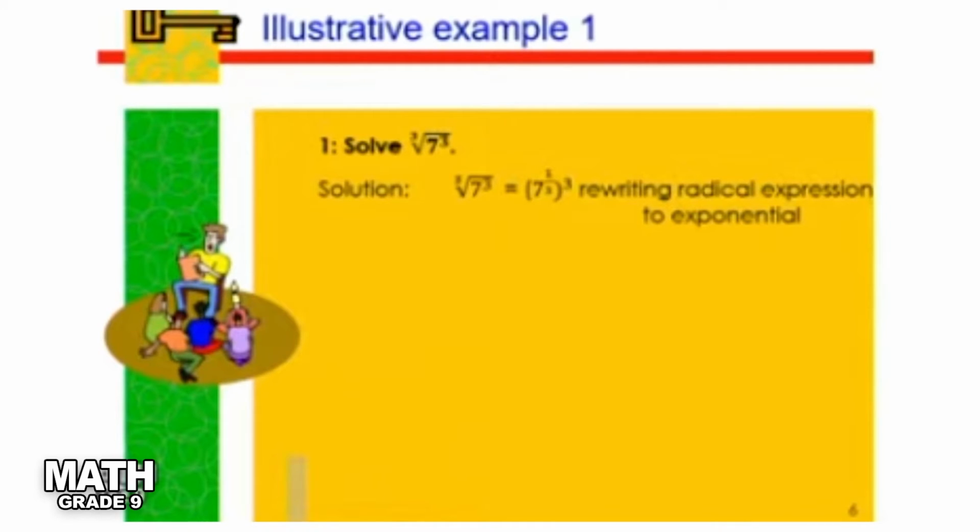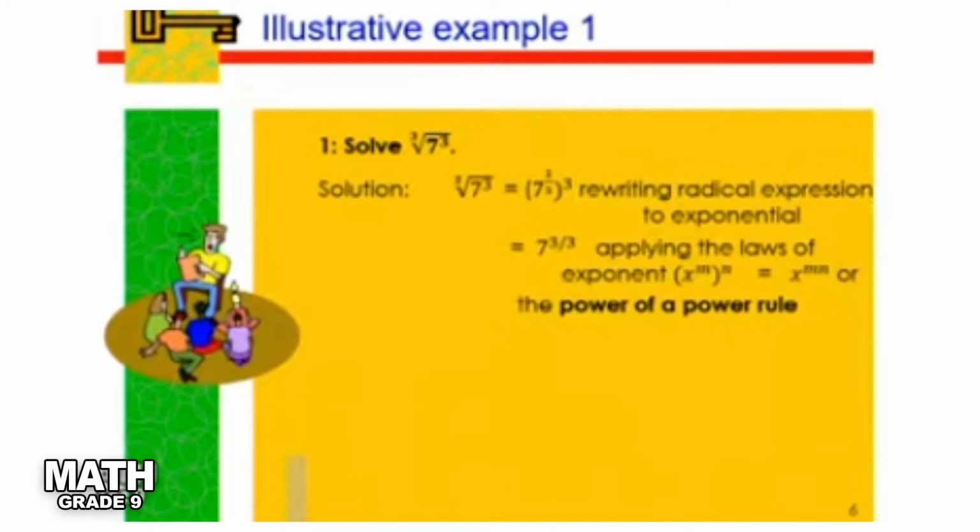Applying the laws of exponent, which is the quantity of x raised to m, raised to n, is equal to x raised to m times n, or the power of a power rule, we have the expression 7 raised to 3 over 3. Simplifying the expression, we have 7 raised to 1, or 7.